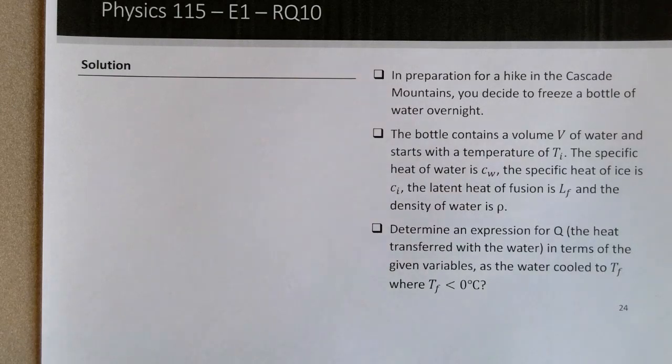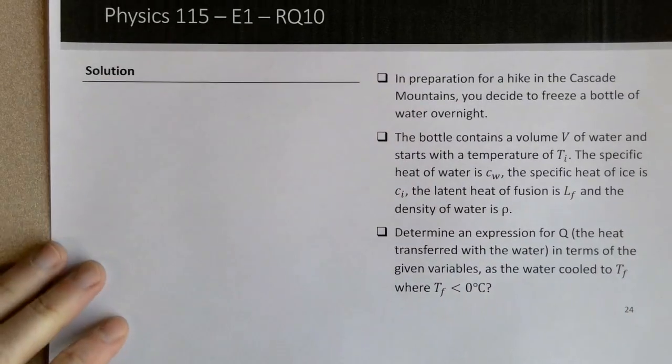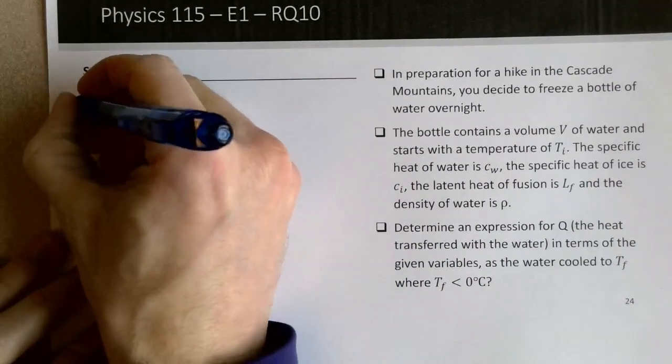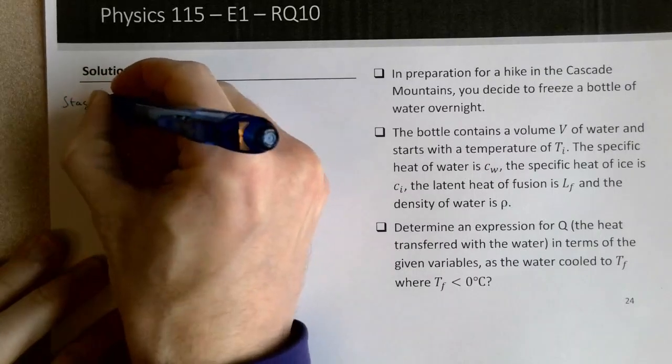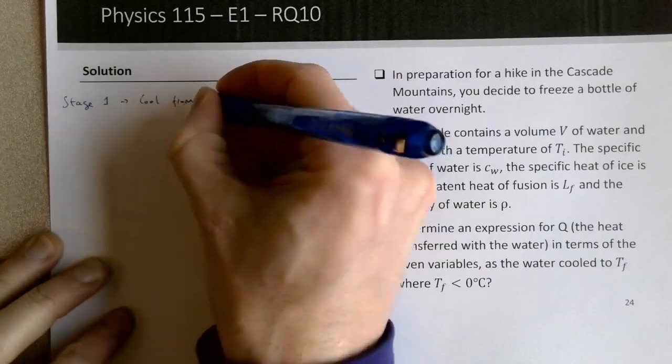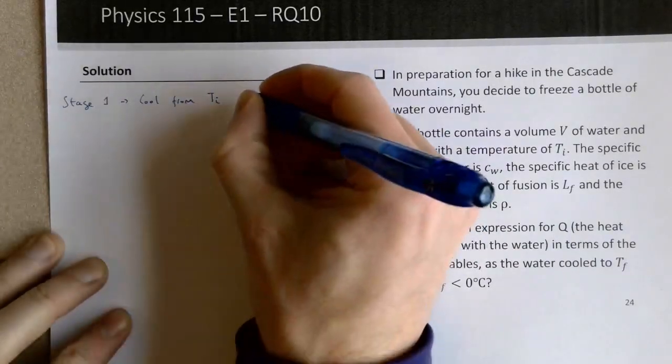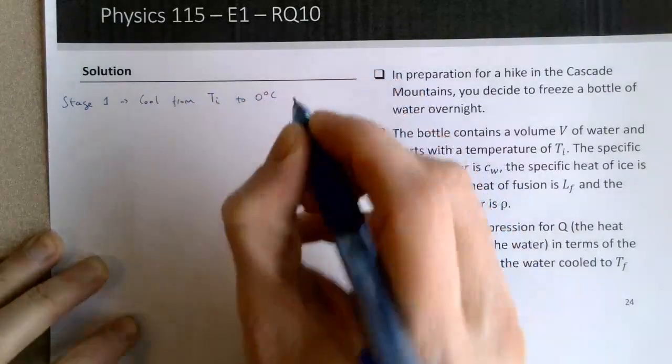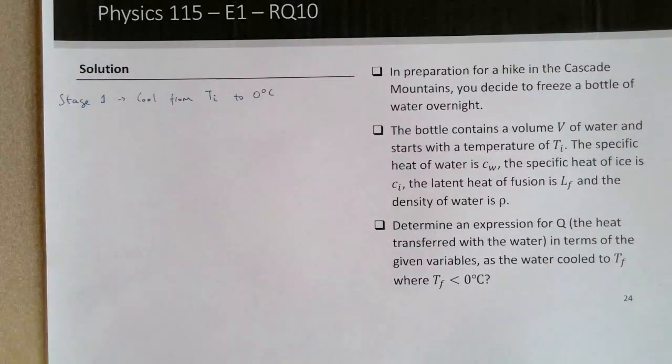So you basically put it in the freezer. Freezer usually is a few degrees below freezing, so that's what we're doing in this question. There are 3 stages of what the water has to undergo. Stage 1 first has to cool from T initial to 0 degrees, so we're basically cooling the water down to its freezing point.